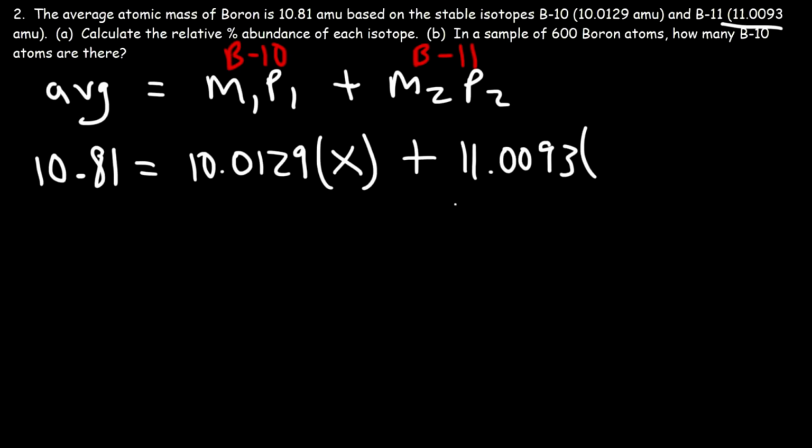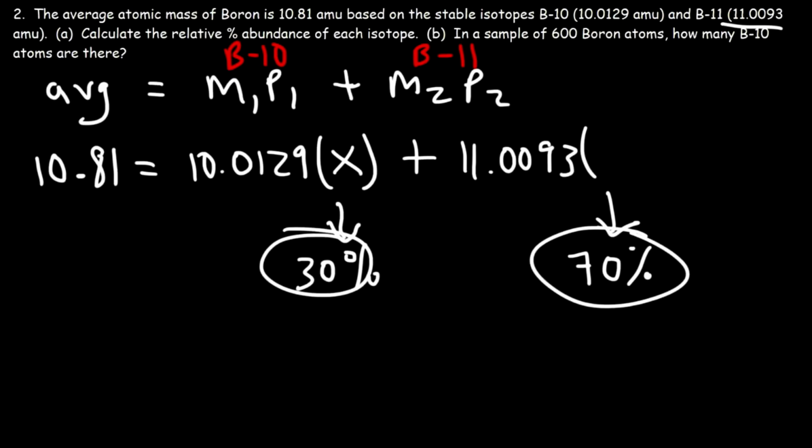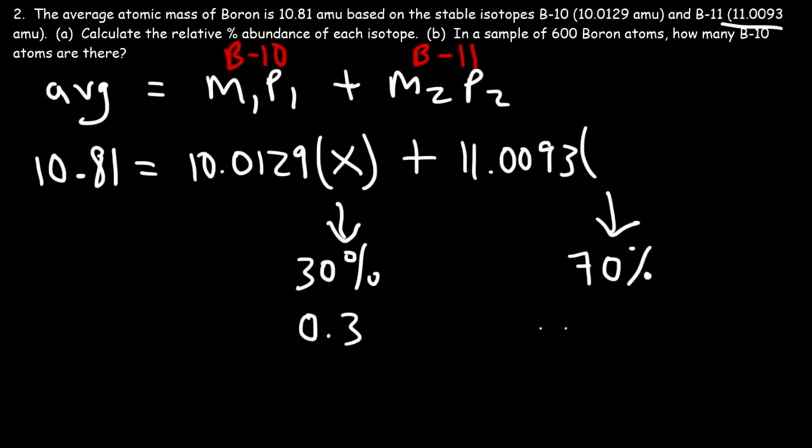Now what should be the percentage of the second isotope? Let's think about this. Let's assume that 30% of the boron atoms are B10. If there's only 2 stable boron isotopes, that means that the other 70% has to be B11, because these 2 have to add up to 100. Now, we need to deal with decimal numbers and not percentage based numbers. So 30% is basically 0.3. 70% is 0.7.